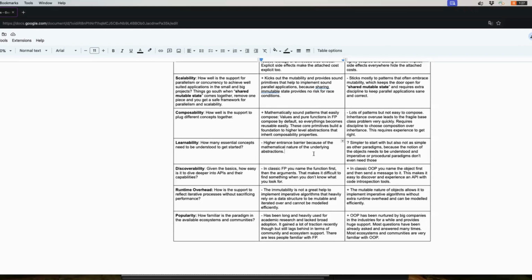And because the industry is much more in that space of having nurtured OOP so long, we have this different situation. But from the abstractions, I would say the entrance barrier for just pure functions is a bit higher because you have to understand the notion and the concept around the side effect and what that actually means.